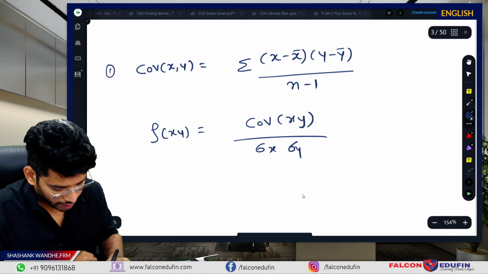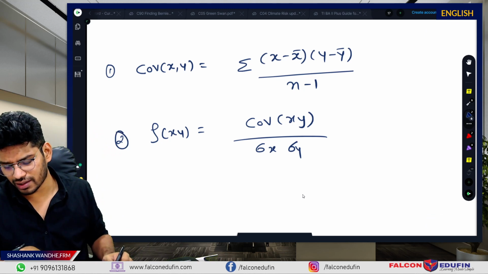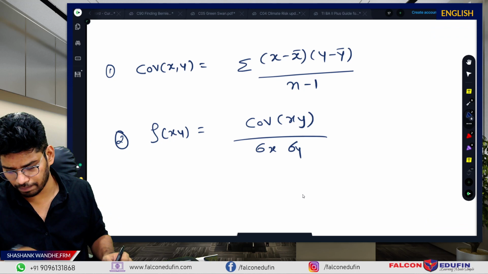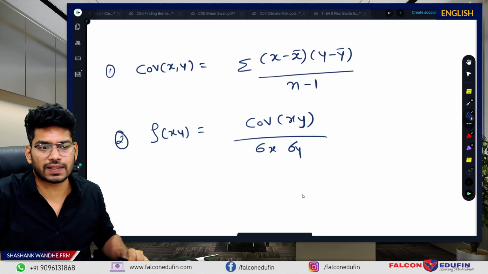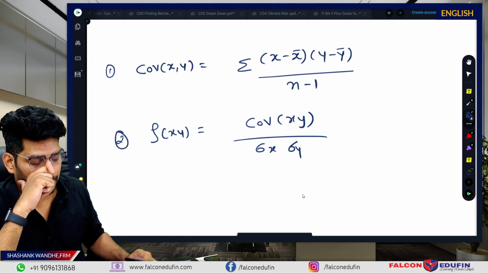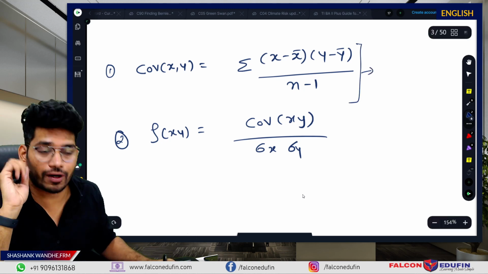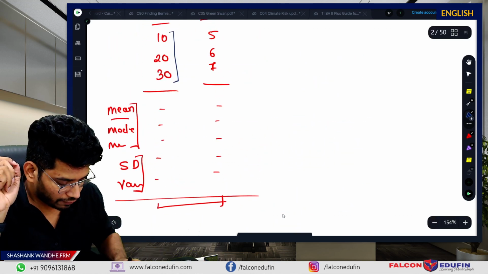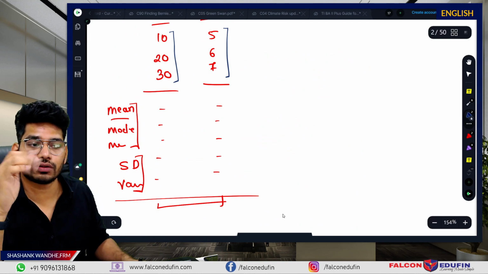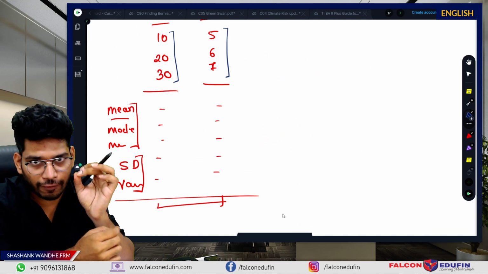This is the first thing, this is the second thing, and the third thing is beta, but beta is not discussed in your curriculum, so I'm avoiding the beta discussion. We will discuss it then and there, in the CAPM section. Now just see here. Don't be afraid of this particular formula. See what is going to happen in the exam. If you are provided with this type of information, that is, the values are provided, then you have to use the TI BA II Plus calculator 2-V function.